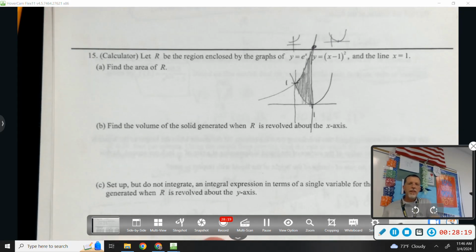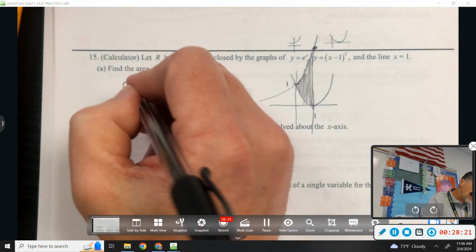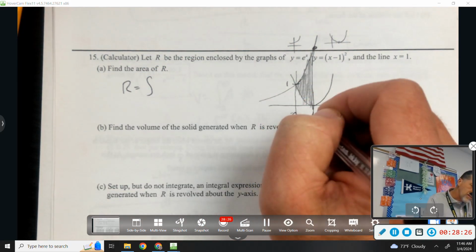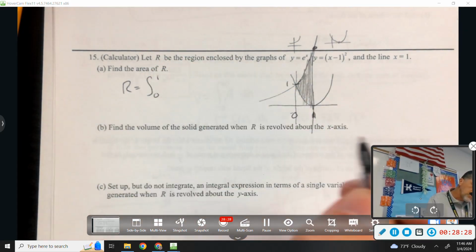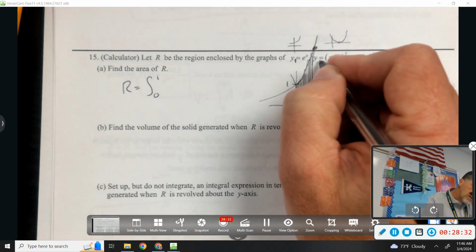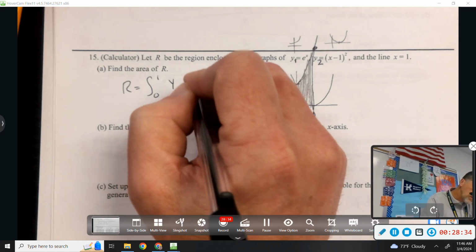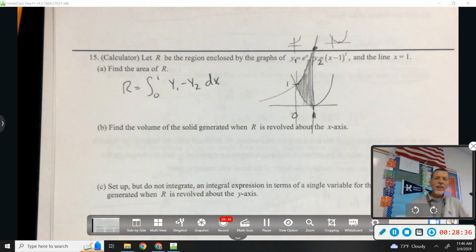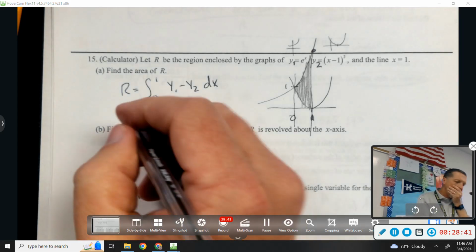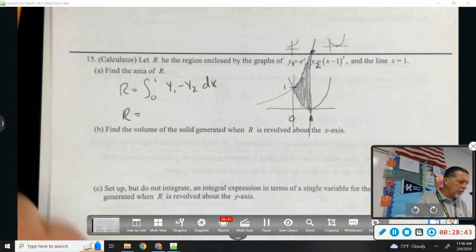First question, find the area of R. Okay, well, that's just top minus bottom from left to right. So from 0 to 1, the top function is y1, the bottom function is y2. As long as I label them y1 and y2, I can use that as part of my answer. And I can just go to the calculator and type that in.